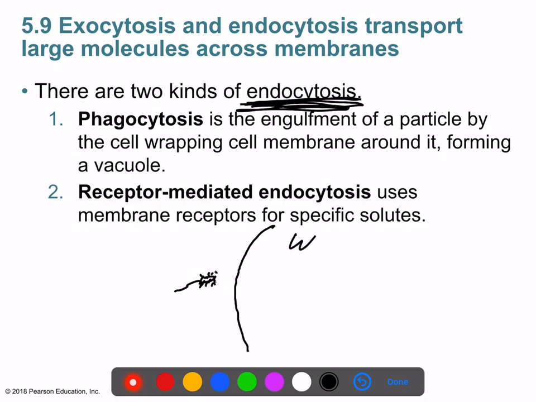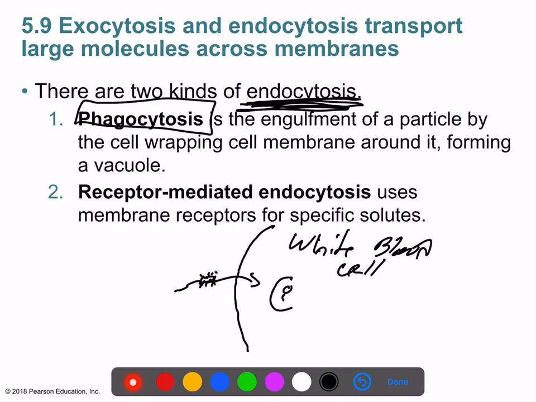When a bacteria is swallowed up by a white blood cell, these are the cells that are part of our immune system, that's called phagocytosis. Phagocytosis is like cell eating, right? And now that bacteria is inside a food vacuole. This should sound familiar. We covered this briefly in class for Unit 1.